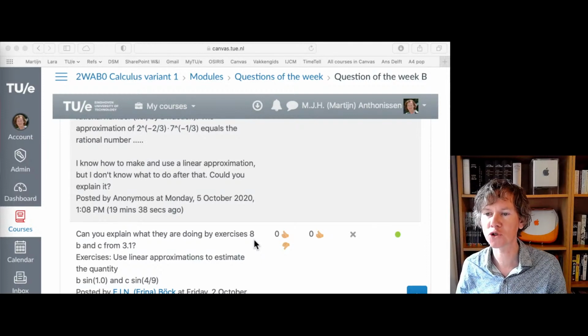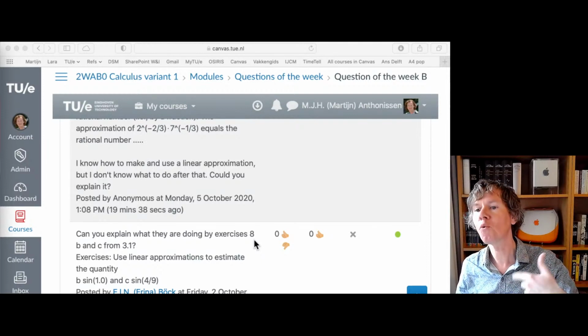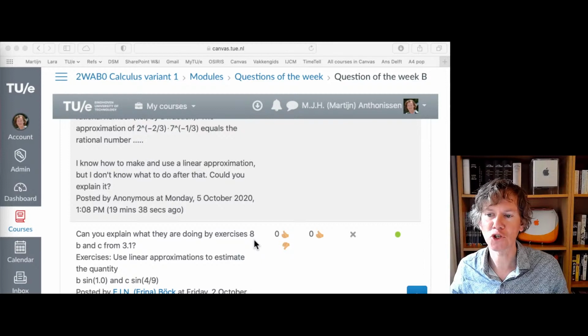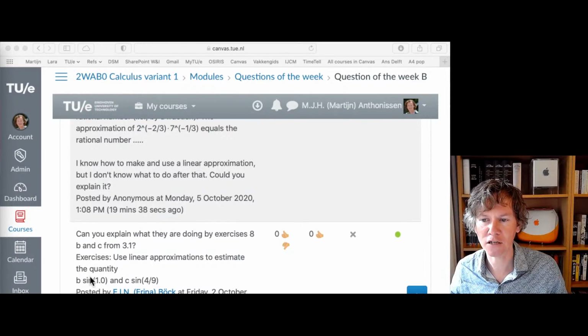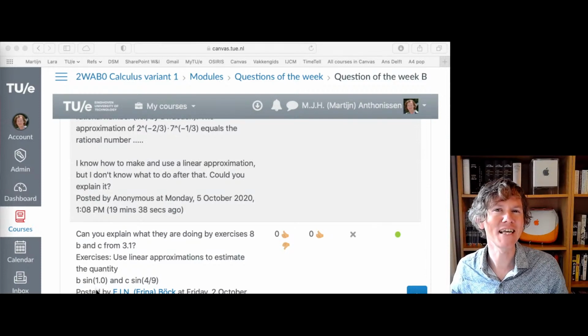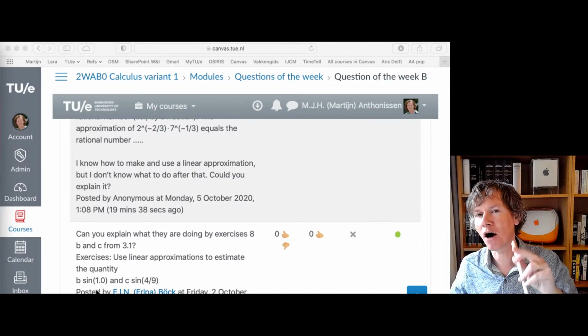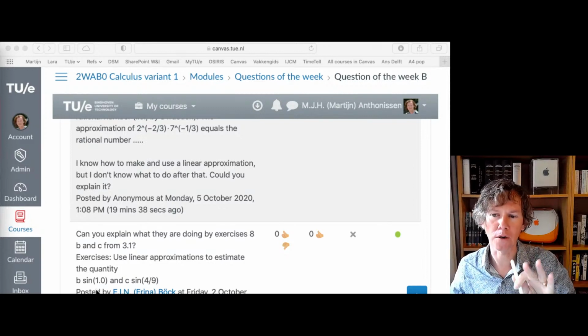So you have to find suitable x values for which you know exactly the sine function, because here is being asked for the sine of 1.0. If you look in the answers of the book, what they do is take the tangent line at pi over 3. Because pi over 3, pi is 3.14 over 3, is approximately 1. So you could use the tangent line at pi over 3 to find an approximation of sine 1.0.